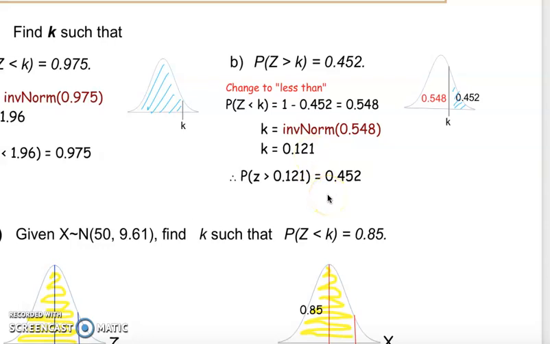Now, maybe it's time to look at the tail option on some of your calculators. I am using a TI-84 Plus CE. If I go back to the inverse normal function and type in area 0.452, the mean is 0, sigma is 1, and because the tail we're looking at is on the right side of k, you will have to select right.